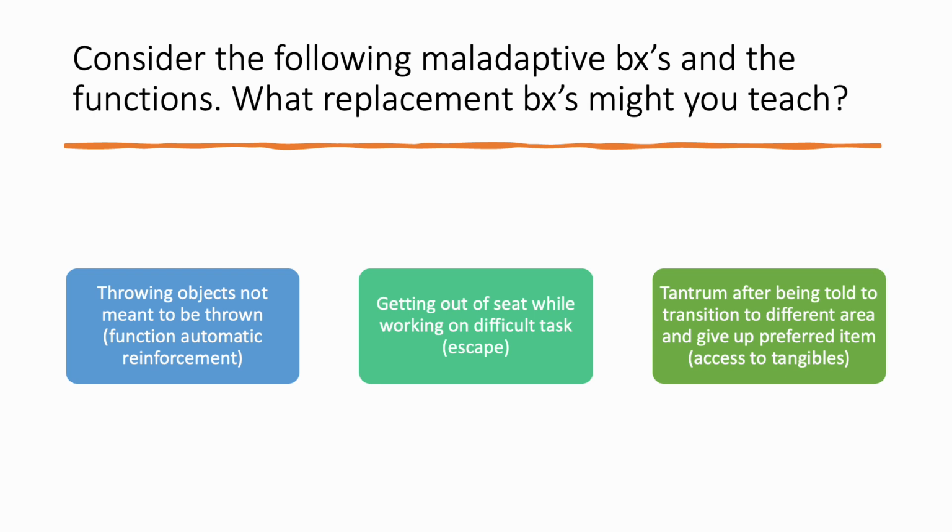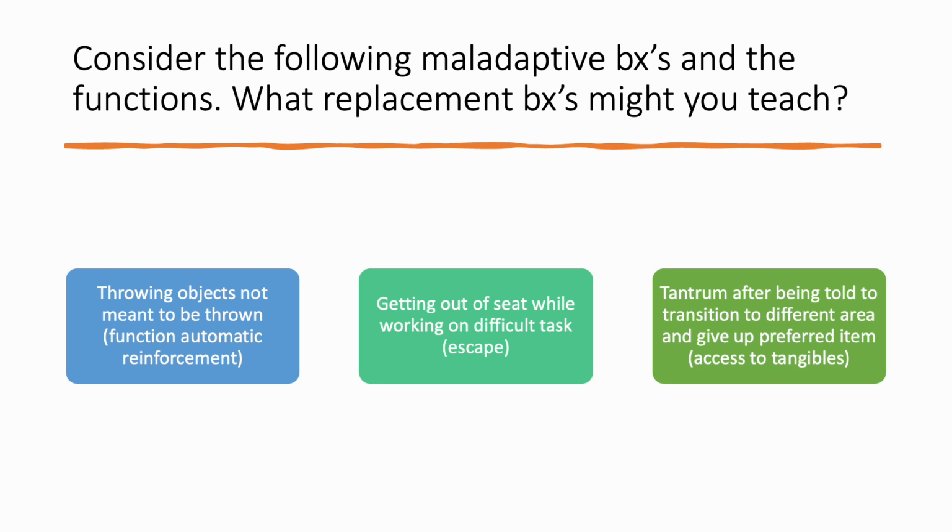Okay, so with this example, some replacement behaviors that I might teach that match the function of the behavior would be to request maybe more time within that activity. So I might teach the client to say, can I have 2 more minutes with this toy? Or I might teach the client to say, I'm not ready to go yet. I would basically try to teach those self-advocacy skills of saying, I'm not ready to give up this item yet.